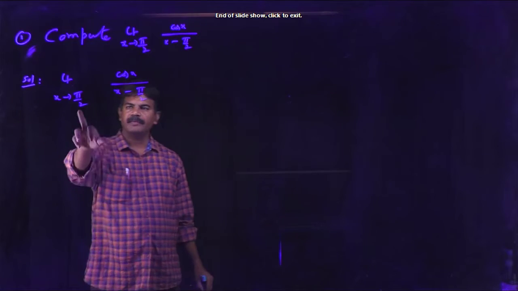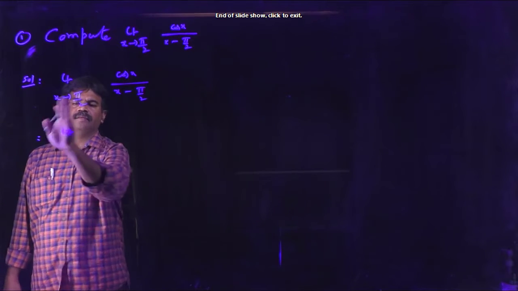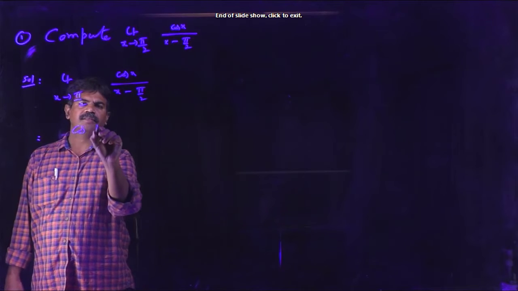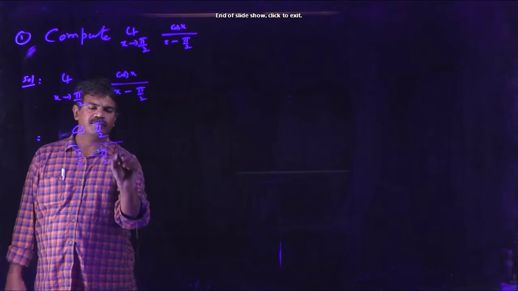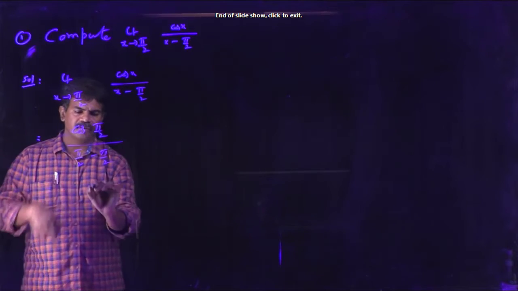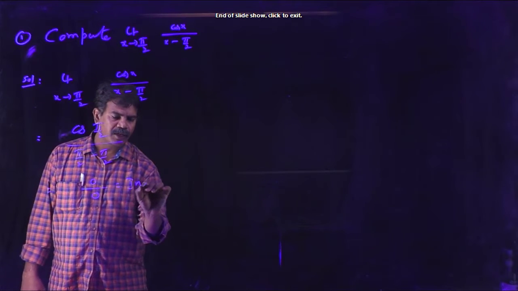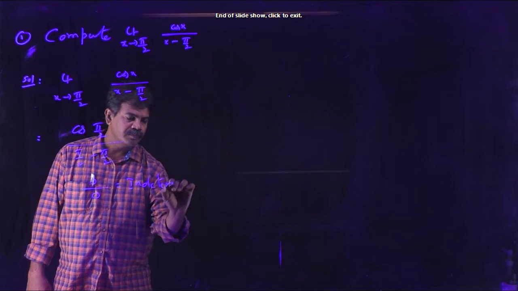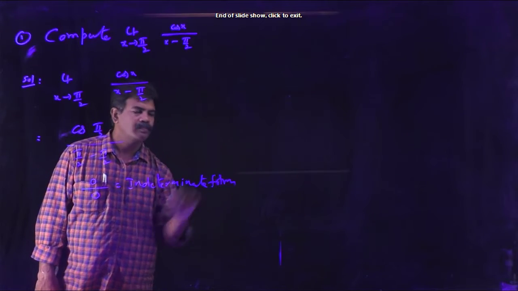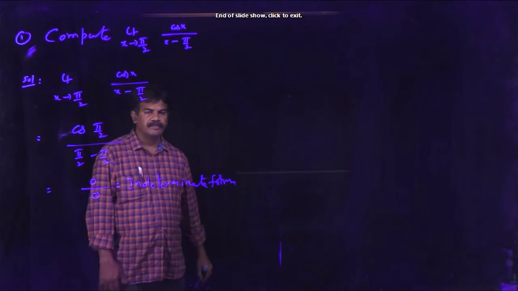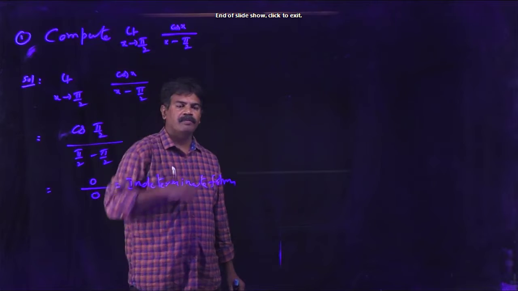Now we apply the limit directly, and we get cos pi by 2 by pi by 2 minus pi by 2. We know that cos 90 is equal to 0, so we get 0 by 0. It is an indeterminate form. So this limit is evaluated by using some formulas.